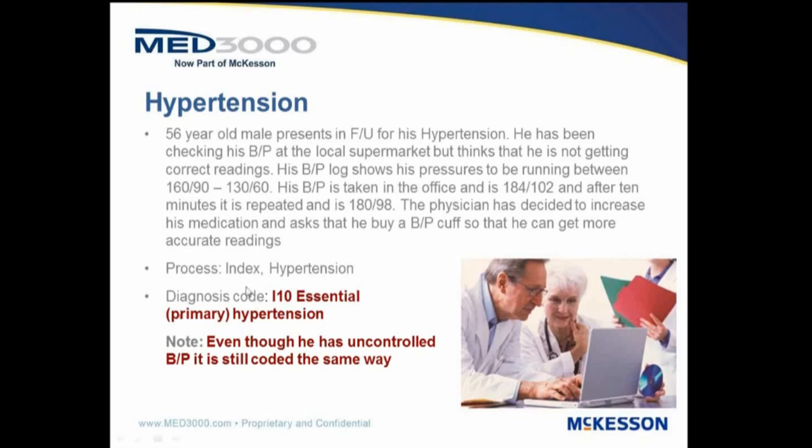If we look under the index at just hypertension, we can see that we have here essential primary hypertension, but we need to note that even though he has uncontrolled BP, it is still coded the same way.